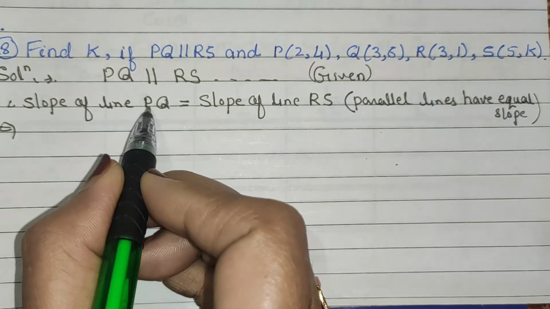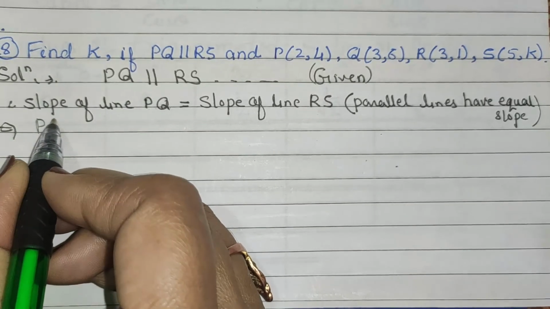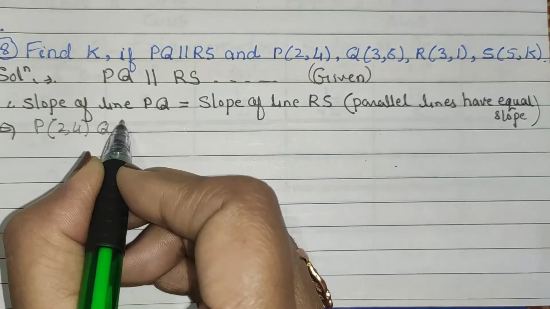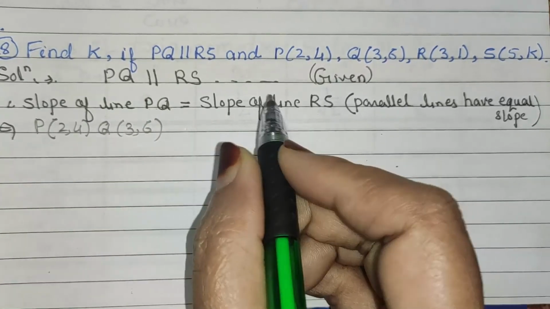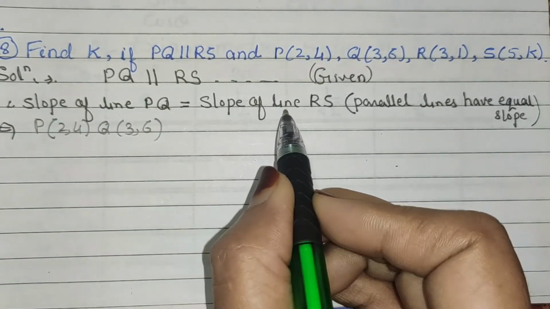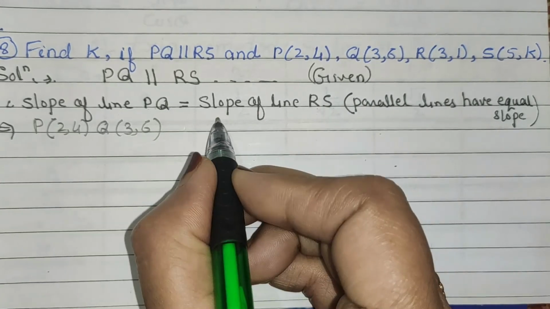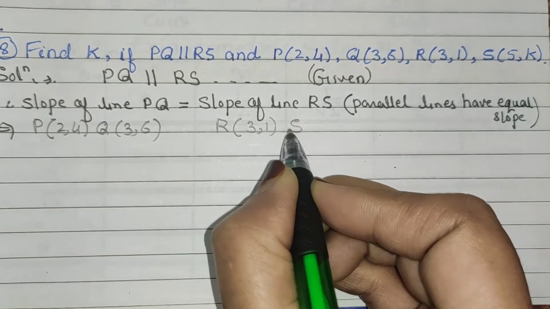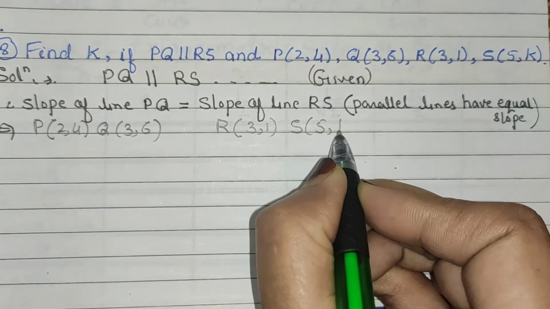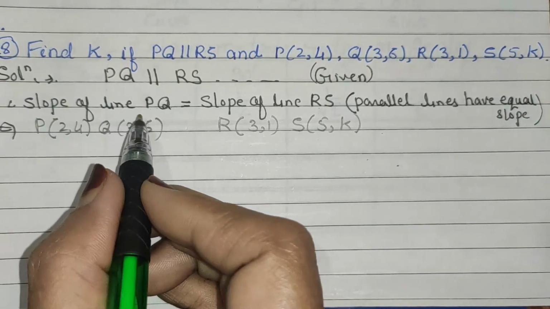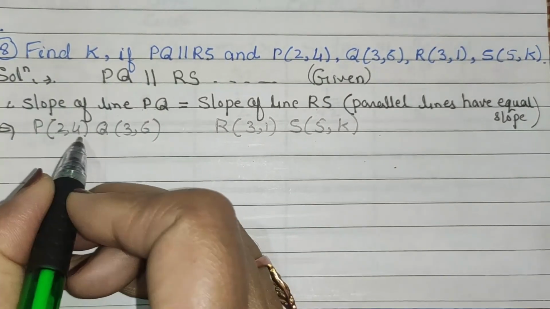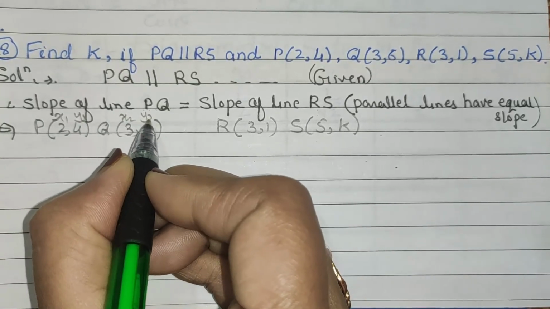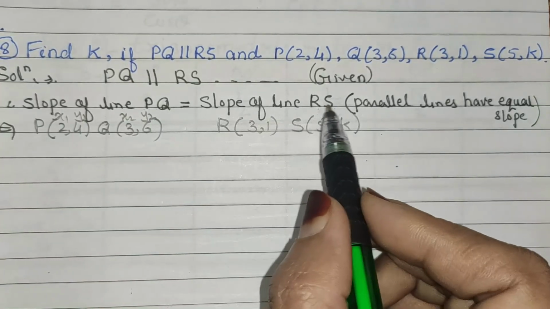For slope of line PQ, write down the coordinates of point P (2, 4) and the coordinates of point Q (3, 6). And here again for slope of line RS, write down the coordinates of point R and the coordinates of point S. Now for slope of line PQ, let us consider the coordinates are x1, y1 and x2, y2. Similarly for slope of line RS.